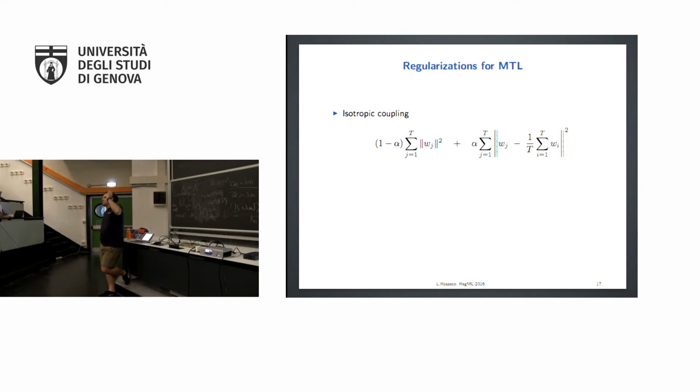Well, suppose for a minute that I call this the isotropic coupling, which means that everybody is coupled in the same way. So this suggests that perhaps you would like to do a non-isotropic one, which means that maybe not all the tasks are just similar to one. So for example, what might happen? Well, some tasks might be divided in groups.